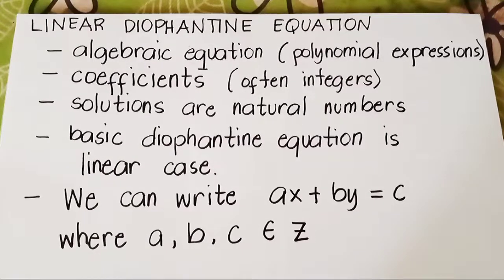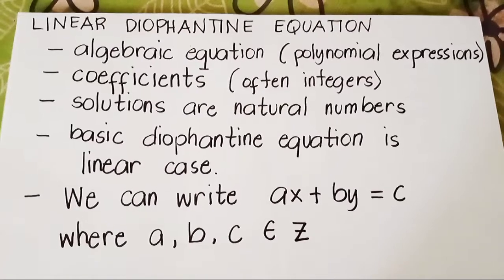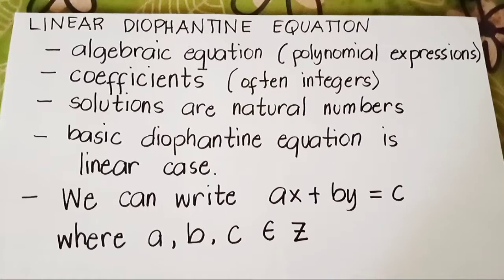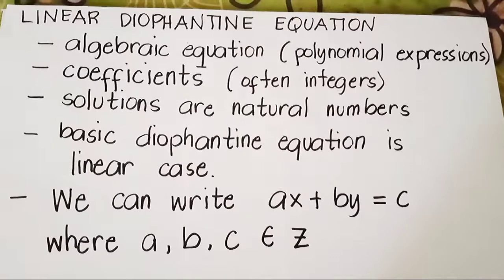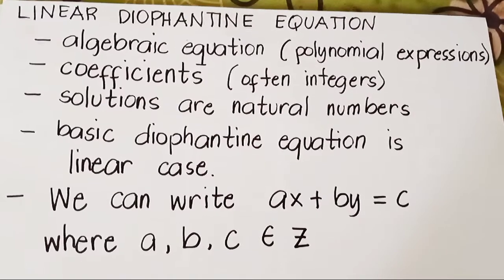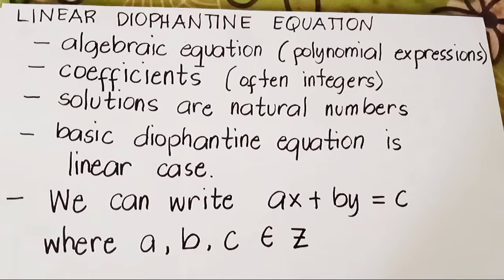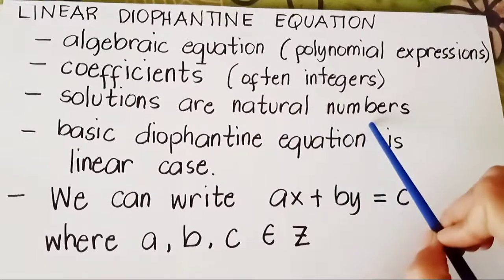Now, a linear Diophantine equation is an algebraic equation for which rational or integral solutions are sought. An algebraic equation is one that involves only polynomial expressions. A Diophantine equation is a polynomial equation whose coefficients are integers, and whose solutions we seek in the set of integers or natural numbers.